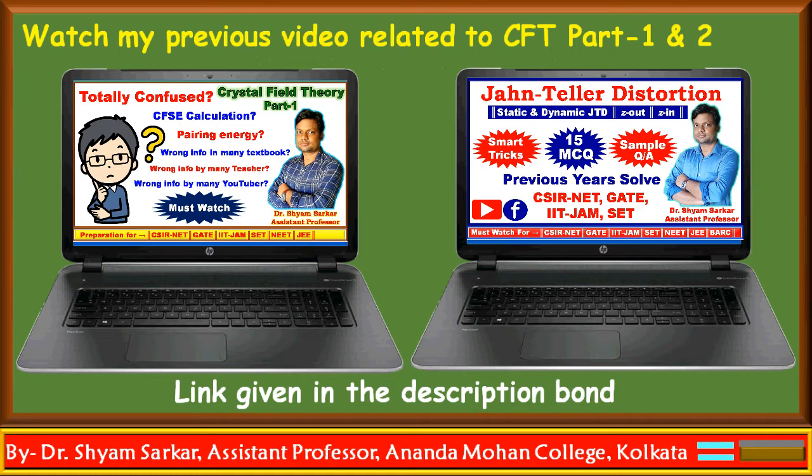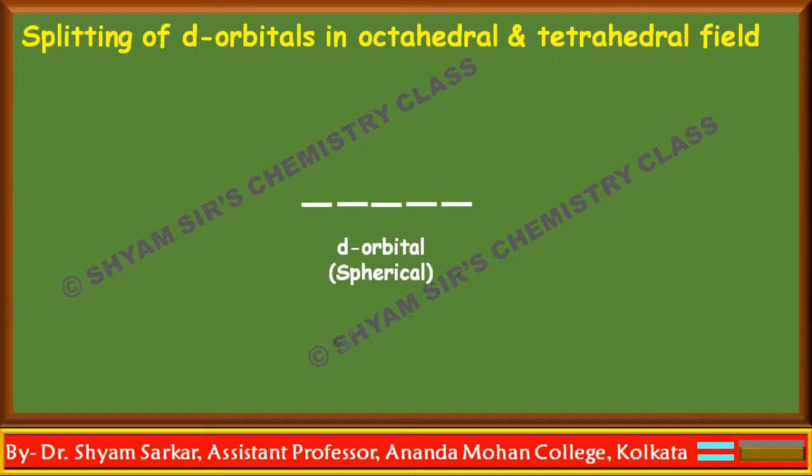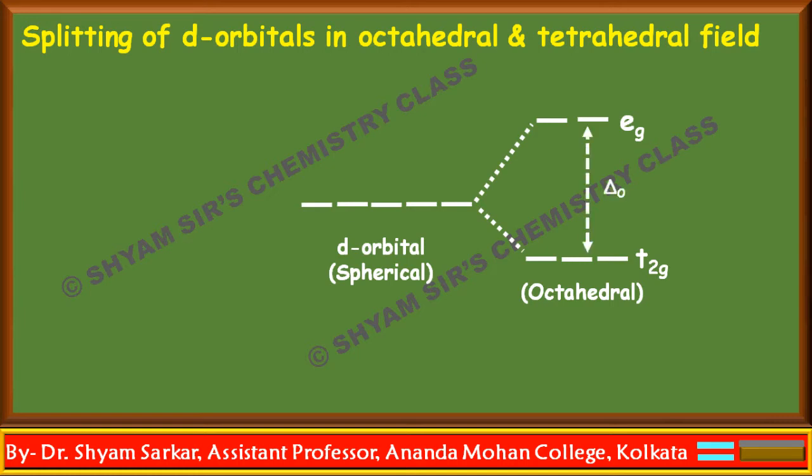For your convenience, I have shown here splitting of d orbitals in an octahedral field and tetrahedral field. The d orbital splits in an octahedral field into two levels, T2g level of lower energy and eg level of higher energy, and the energy separation between these two levels is denoted by delta O. Whereas in tetrahedral field, d orbital splits into two levels.